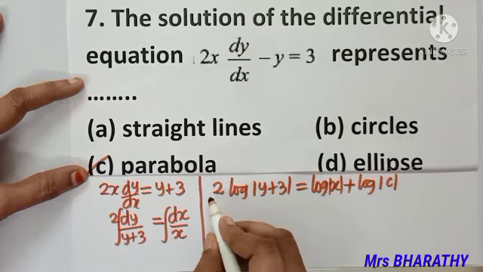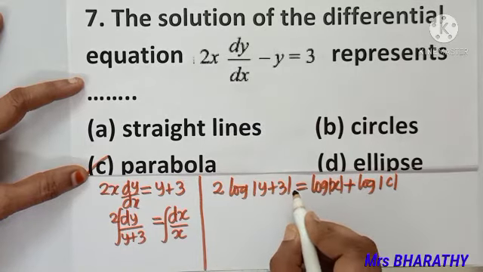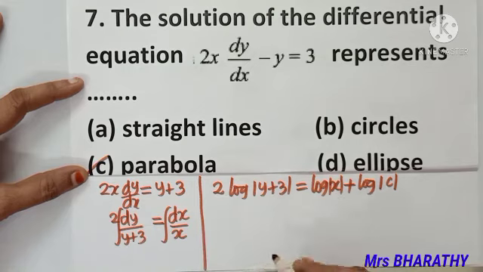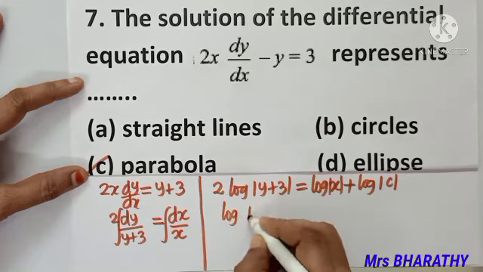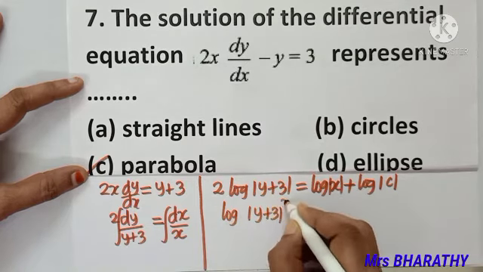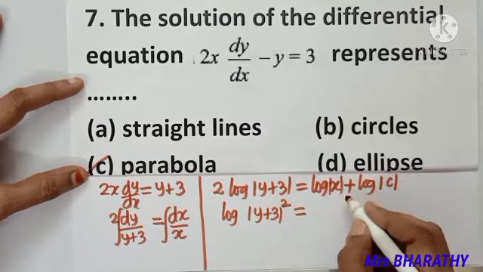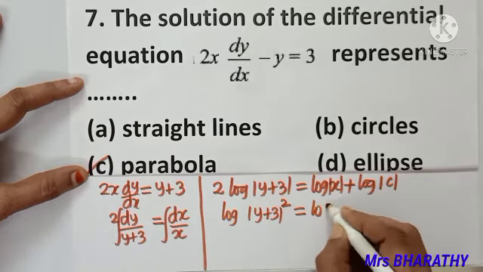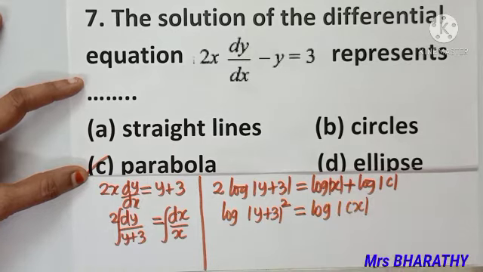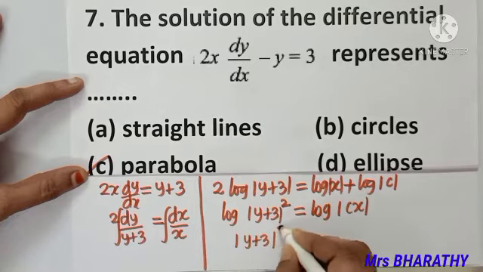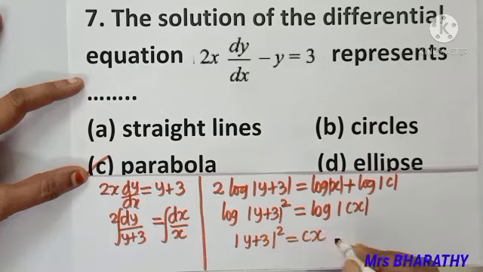Side number will go to the power. Logarithm rule, side number goes to the power. It is log of y plus 3 the whole square. RHS, there is plus symbol. Logarithm with plus symbol tells us to multiply, log of cx. Raising to e power, log gets cancelled. We are left with y plus 3 the whole square is cx.